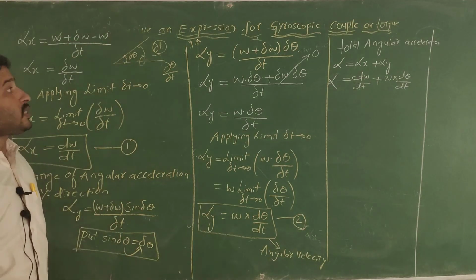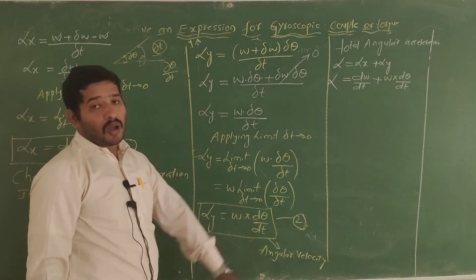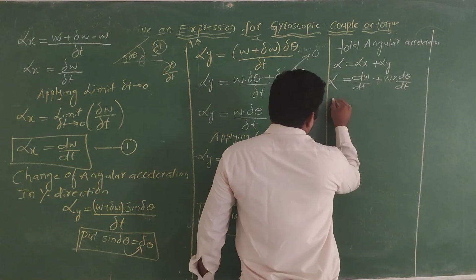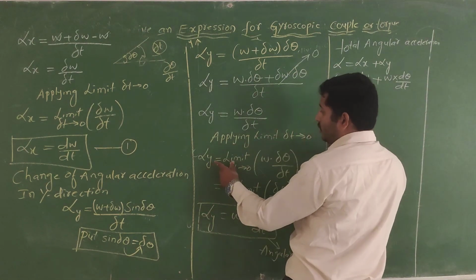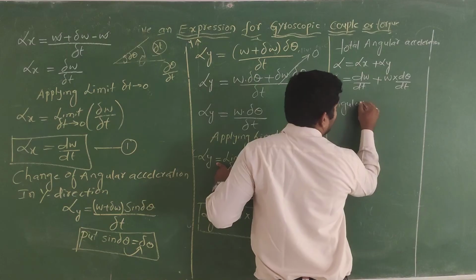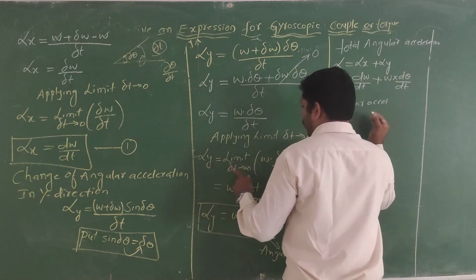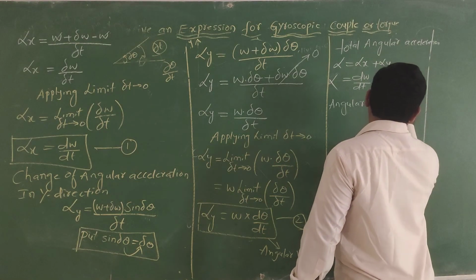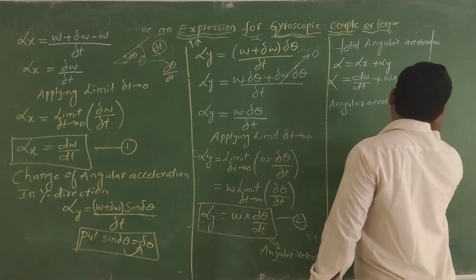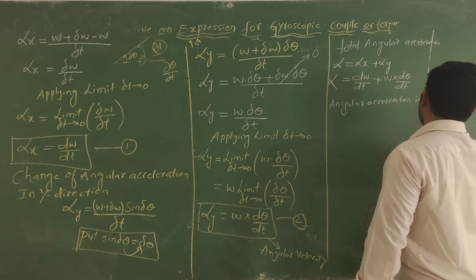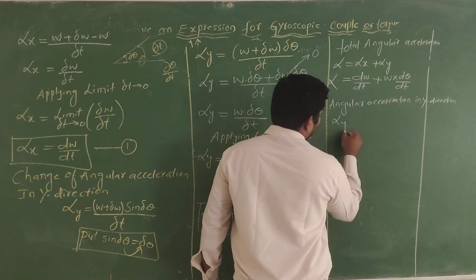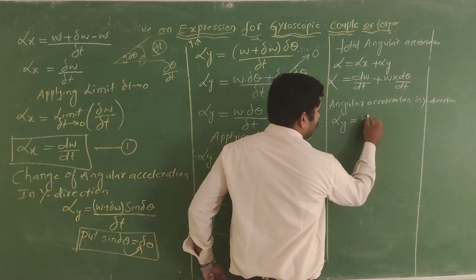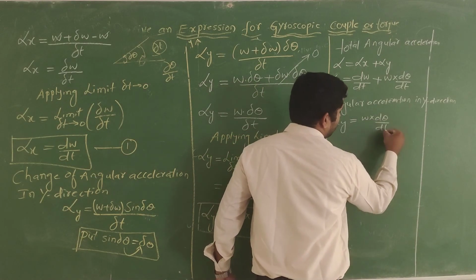But actually our intention is to find the gyroscopic couple or torque. Okay dear? So again we take the same equation, angular acceleration in the y direction: alpha y is equal to omega into d theta by dt.